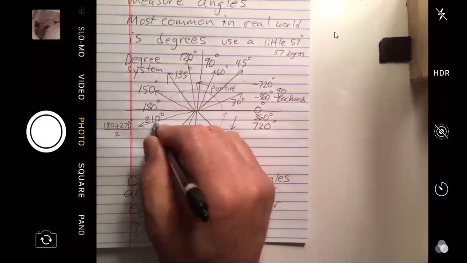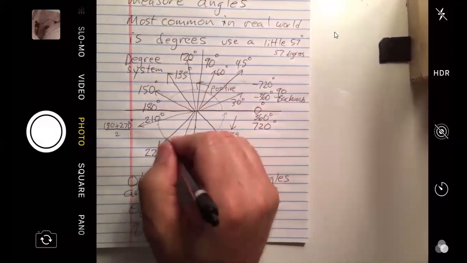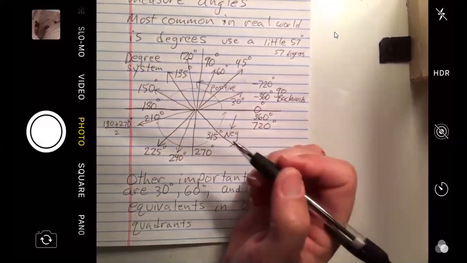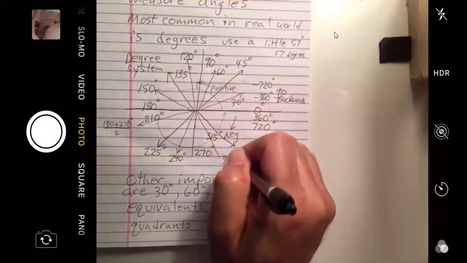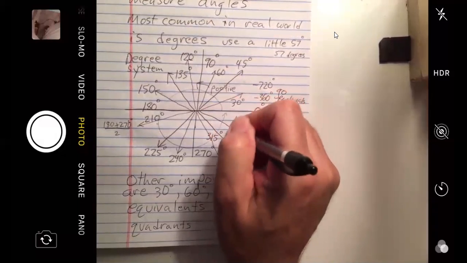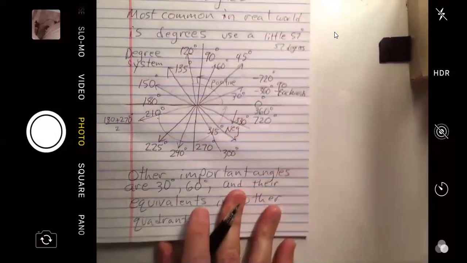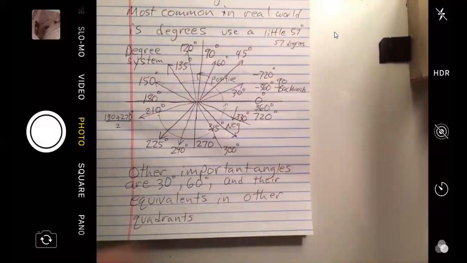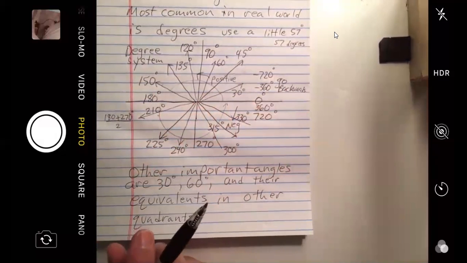Notice how you're 15 off in between here. And then down here, you're at 300, 315, then 330, 30 from 360. Okay, you see how messy the diagram gets very quickly if you try to give the entire complete picture.